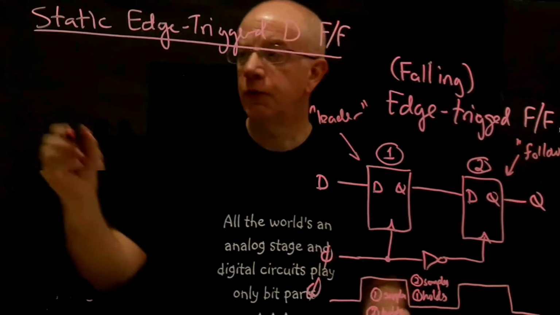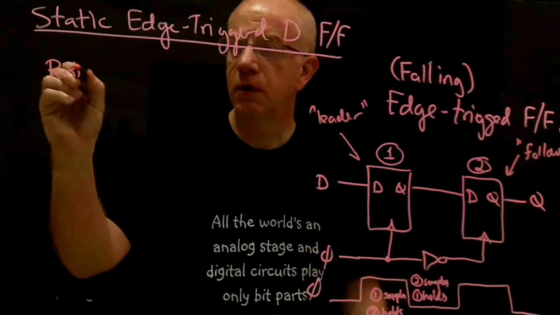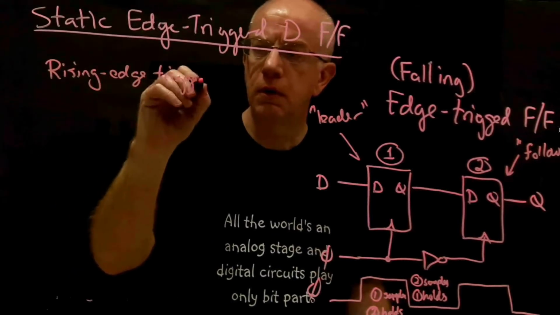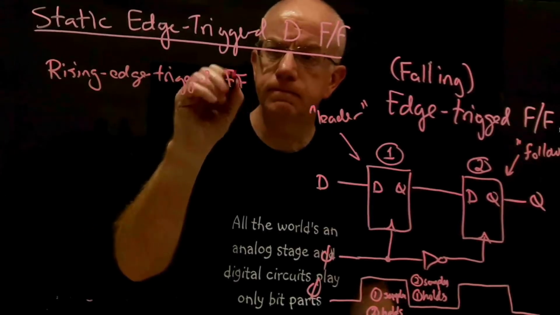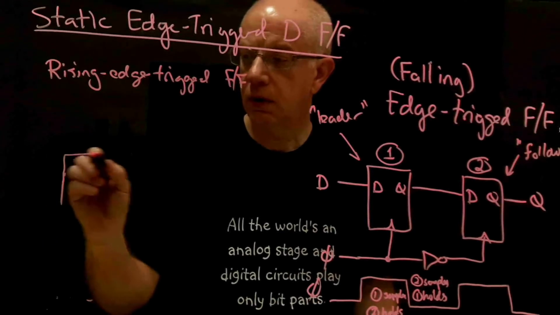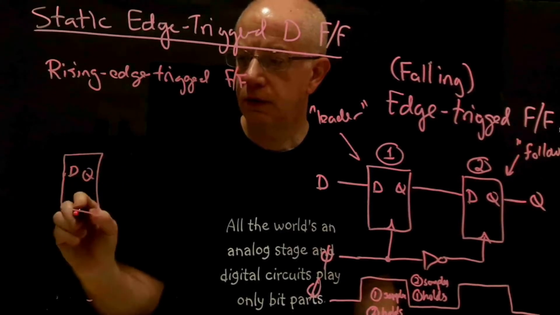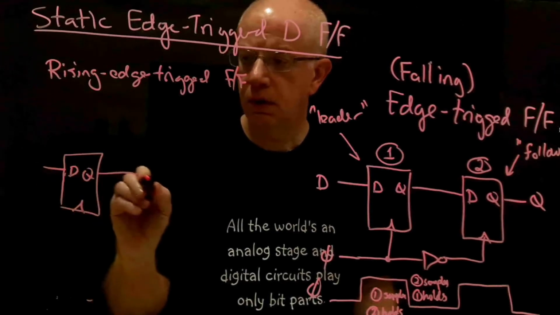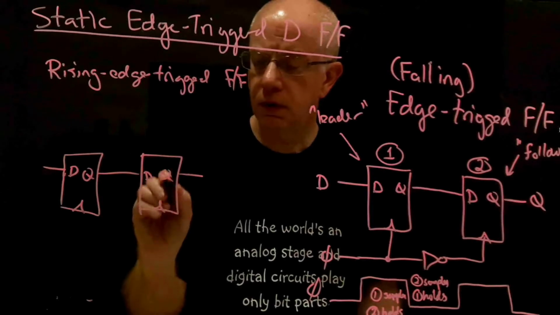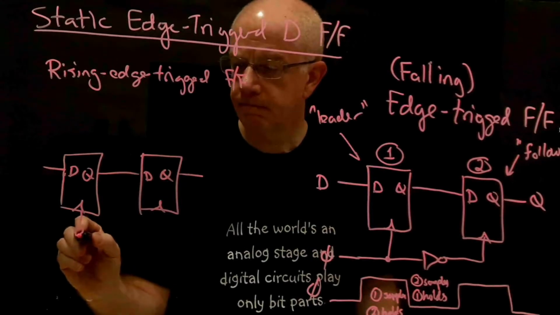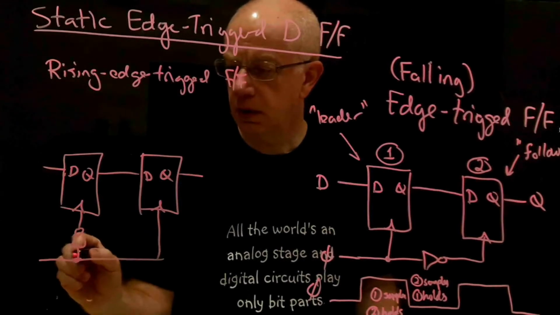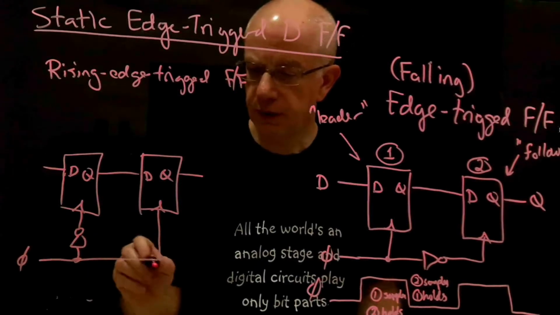Okay, so if we want to make a rising edge triggered flip-flop, we can simply take our two latches, D, Q, D, Q, and put phi bar in here and phi into the second stage.